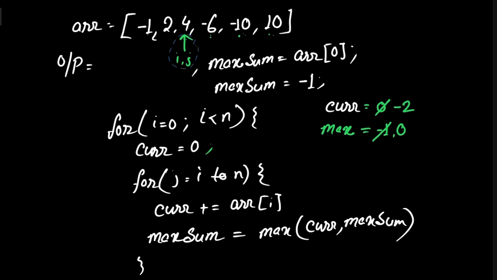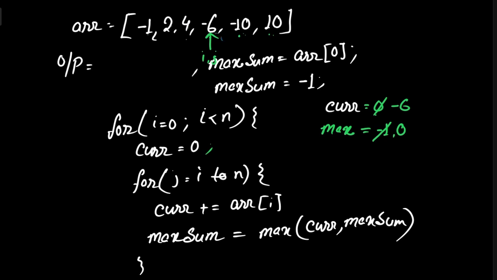Again it will shift here in the next iteration, and current will again be 0. Now it will sum here to here, so it will be minus 6, which is smaller than max, so max will not change.